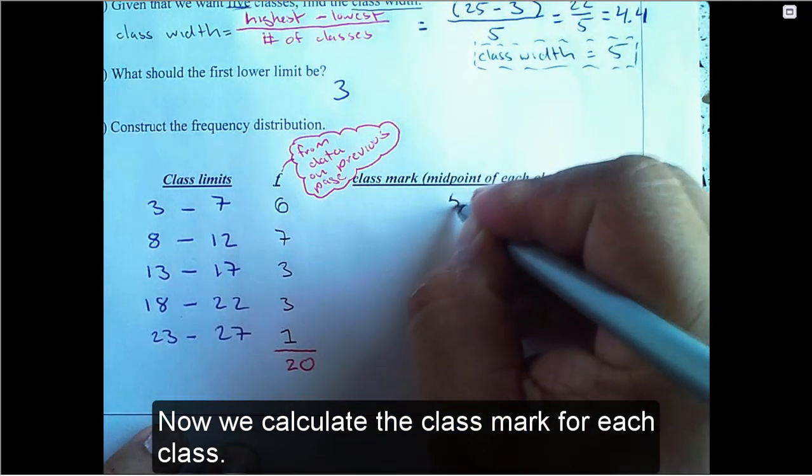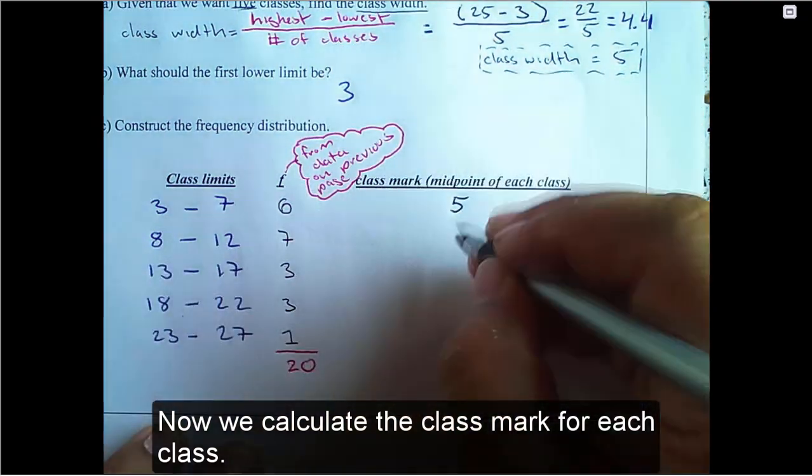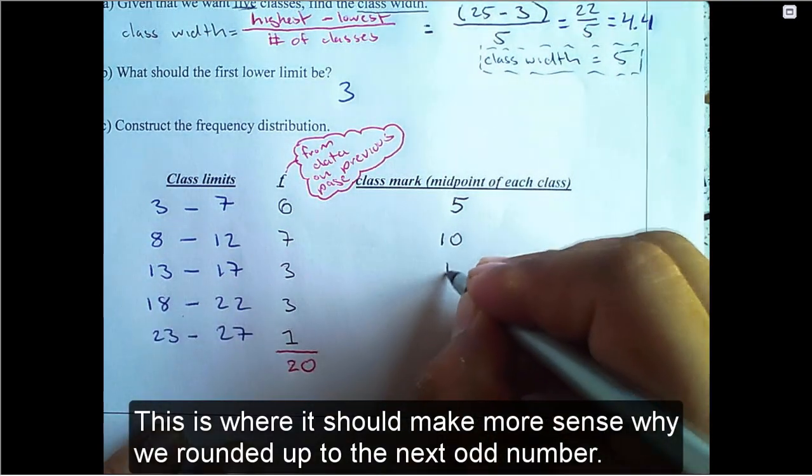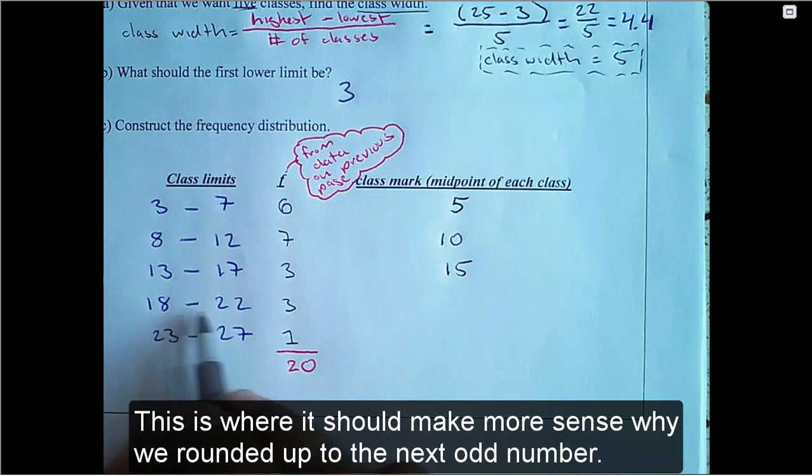Now we calculate the class mark for each class. This is where it should make more sense why we rounded up to the next odd number.